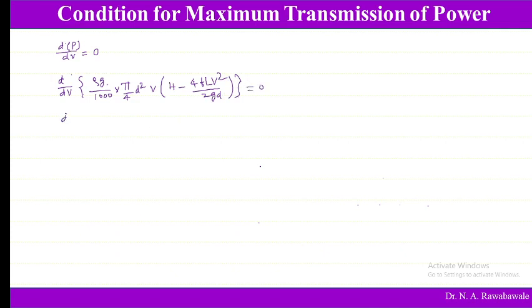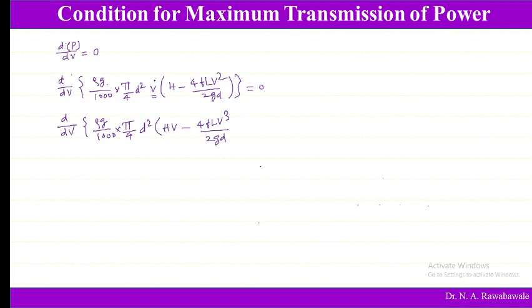Before differentiating, we will take this v into the inner bracket: ρg divided by 1000 into π/4 d² in bracket (hv − 4flv³/2gd).